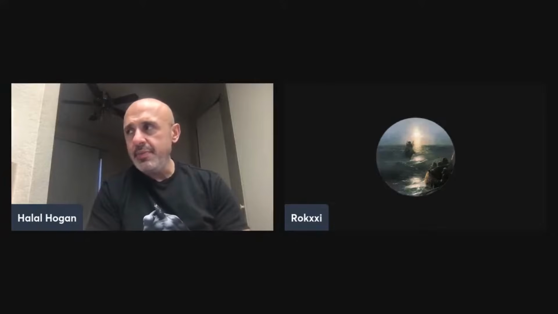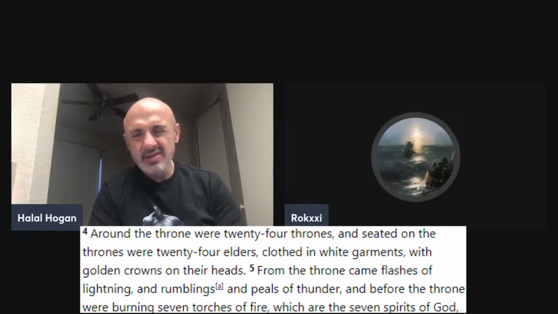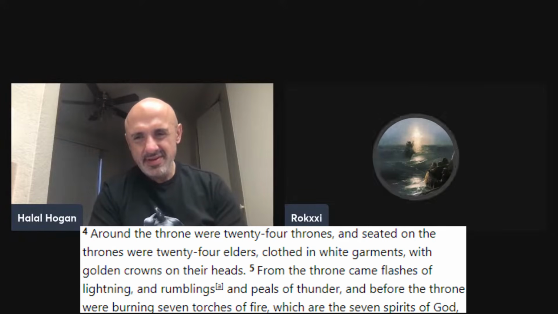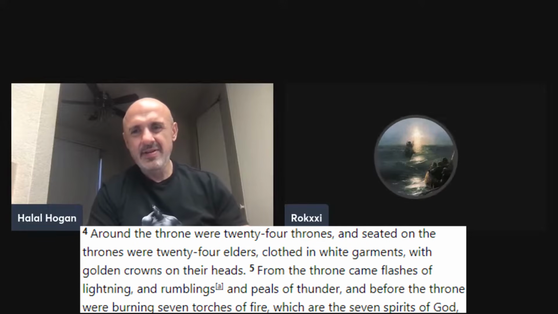Go to Revelation chapter 4. Read from verse 4 to 8. Around the throne were 24 thrones, and seated on the thrones were 24 elders clothed in white garments, with golden crowns on their heads. From the throne came flashes of lightning, and rumblings, and peals of thunder. And before the throne were burning 7 torches of fire, which are the 7 spirits of God.